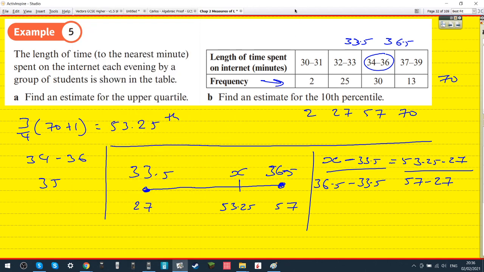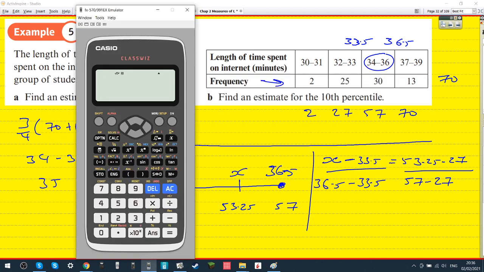So try that in your calculator. I got X as 36.125.